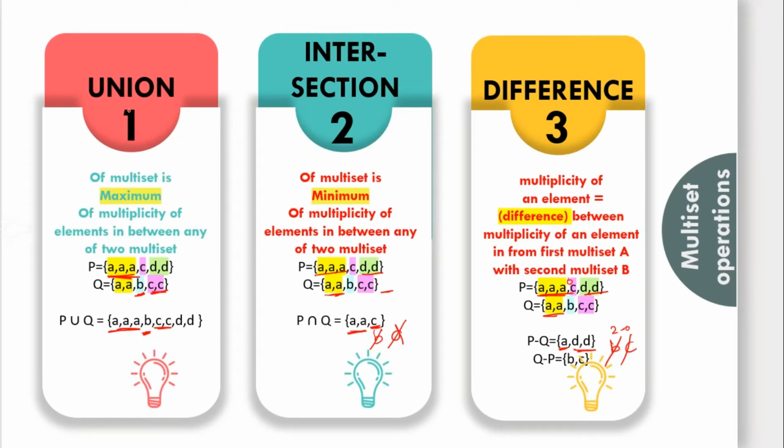So the union of two multisets is the maximum of the multiplicity of the element between the two sets. For example, here P is given: A appears thrice, C appears one time, D appears twice.